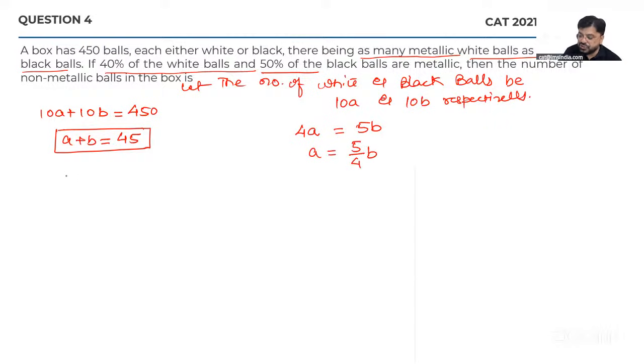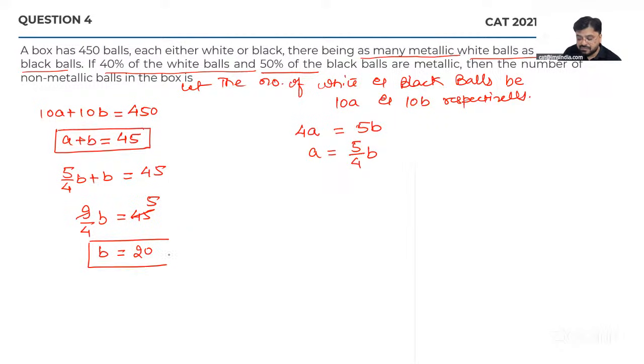So by substitution here, I can find the value. If I put A equal to 5 by 4B in A plus B equal to 45, or 9 by 4B equal to 45, this gives me B equal to 20. Now, if you plug in the value of B in this equation, then you'll get A equal to 25.